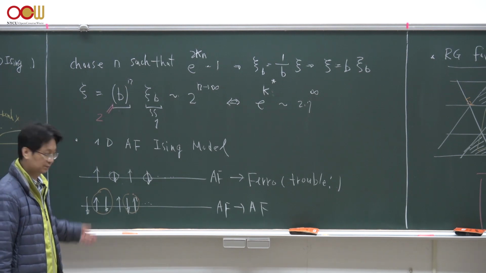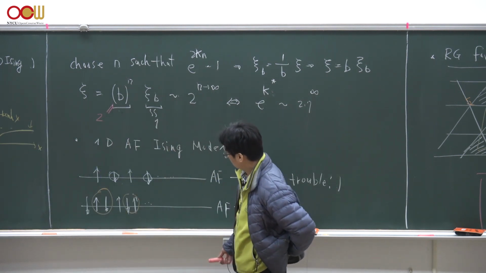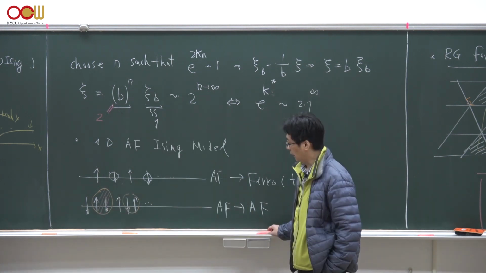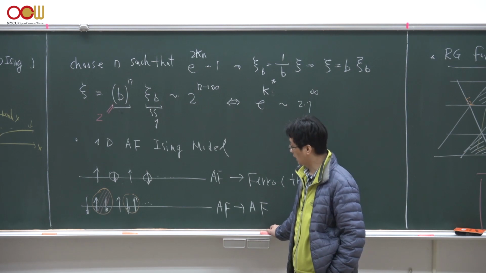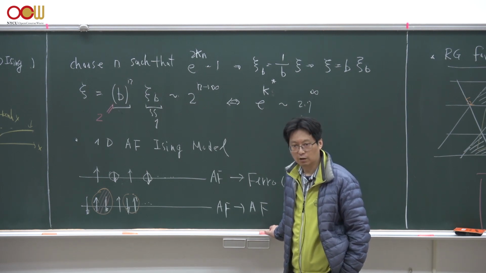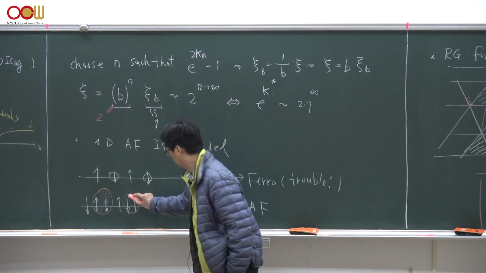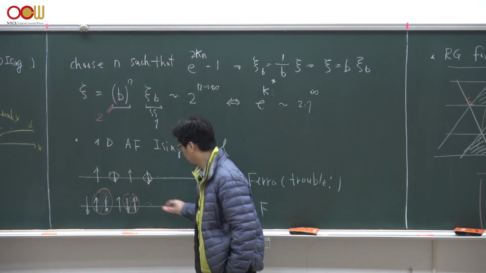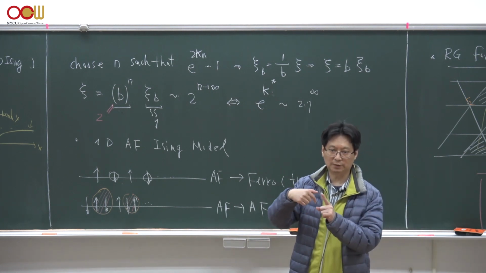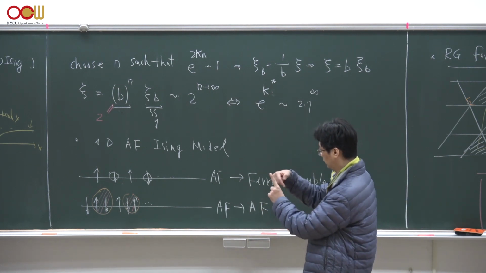So what can we do? The easiest way out of this trouble is by grouping up and down spins as a unit, and you sum over every second group of these up-down spins. In other words, you don't look at just a single spin, but at two neighbor spins which are already paired up.